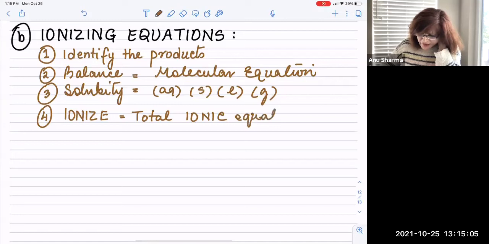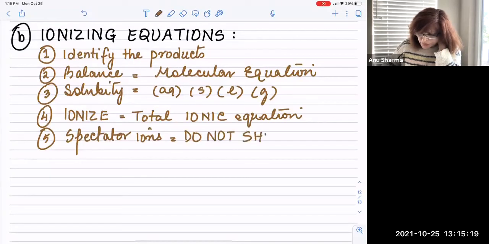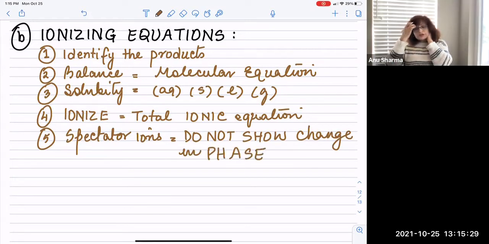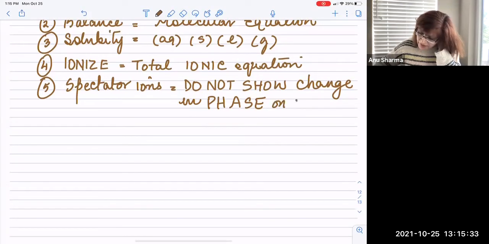Then identify the spectator ions. Spectator ions do not show change in phase. Means they will remain aqueous on both sides, reactants and the product side.